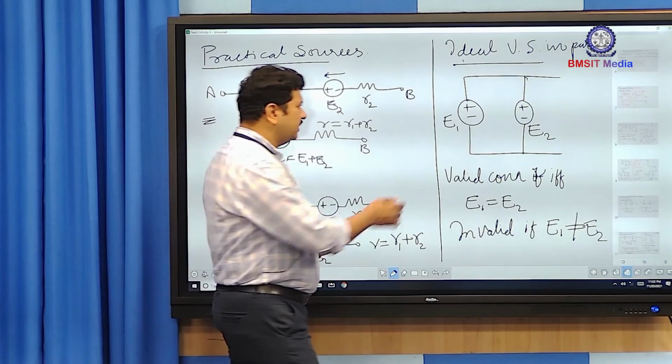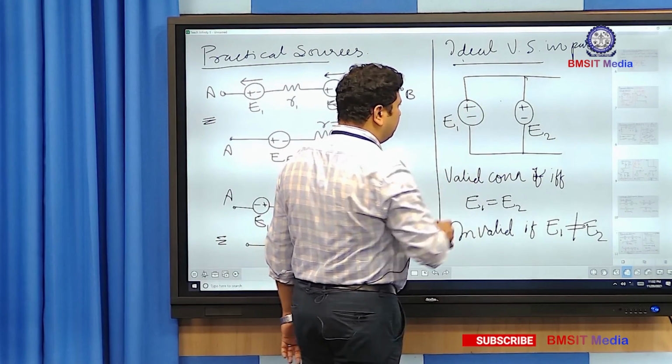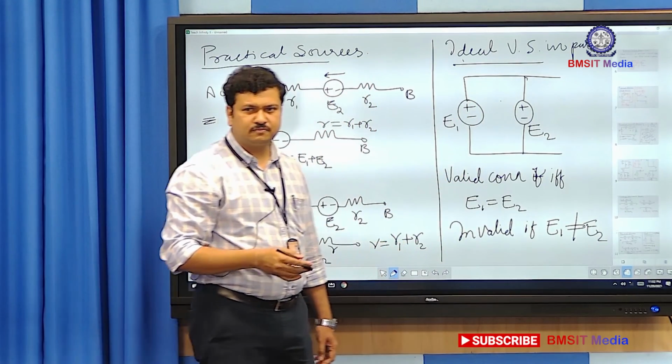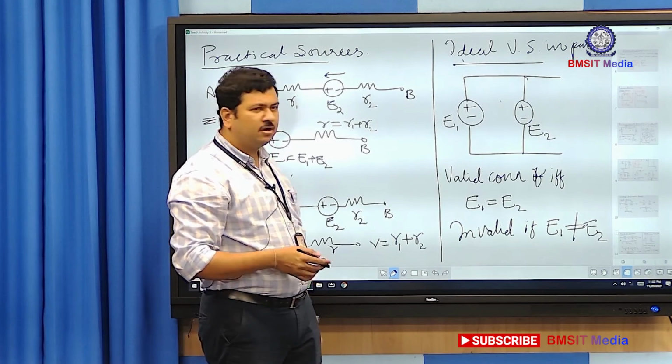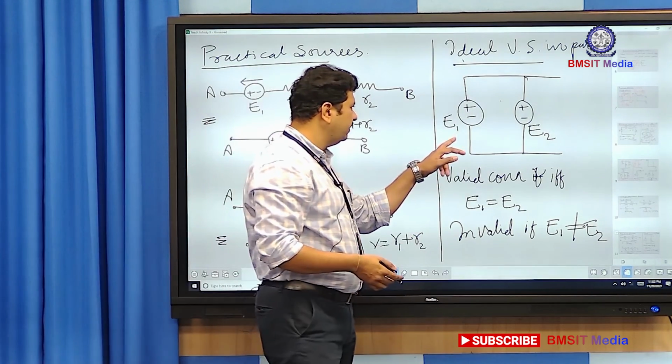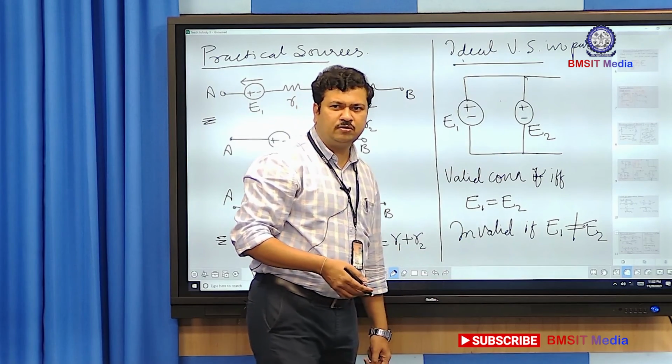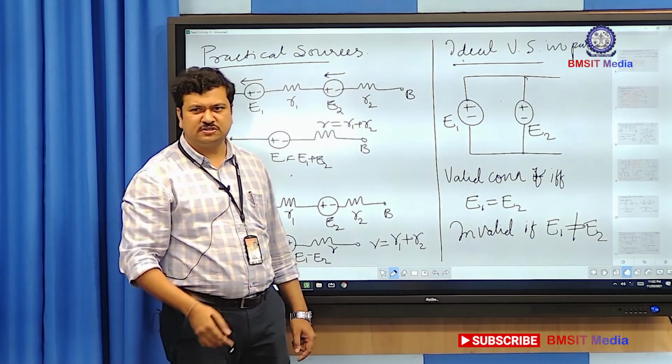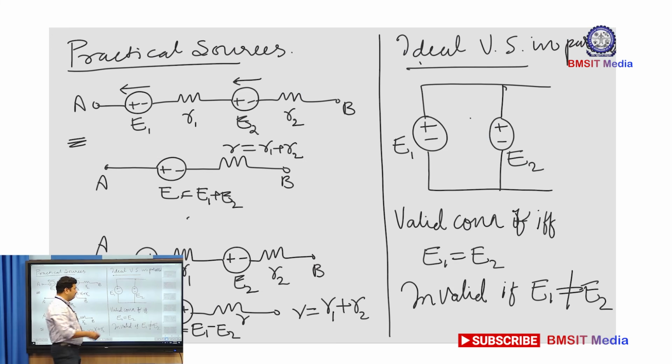Now if I consider this loop, the resistance of the loop is 0, and suppose E1 and E2 are of different values, say the difference is large, suppose E1 is 50 volts and E2 is 500 volts, then there will be a circulating current.